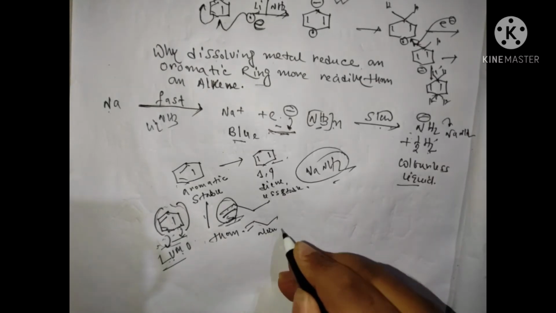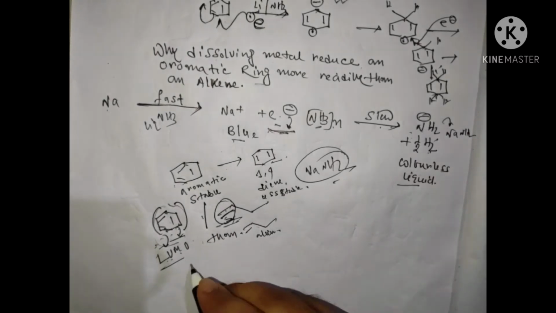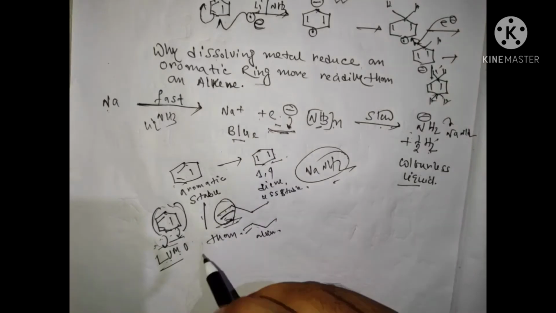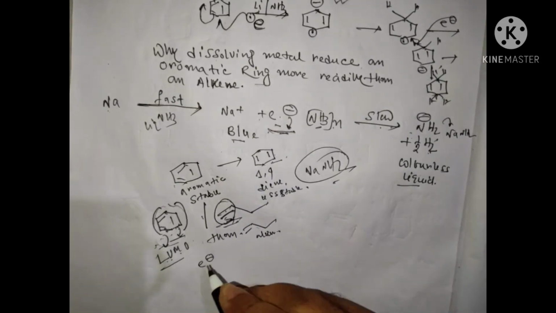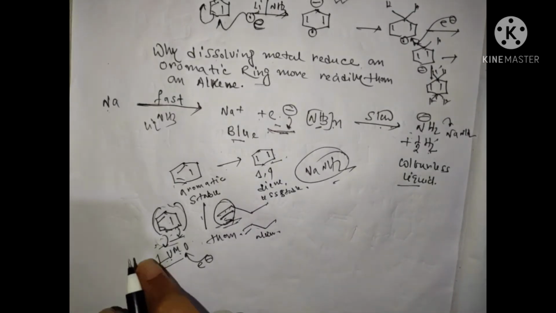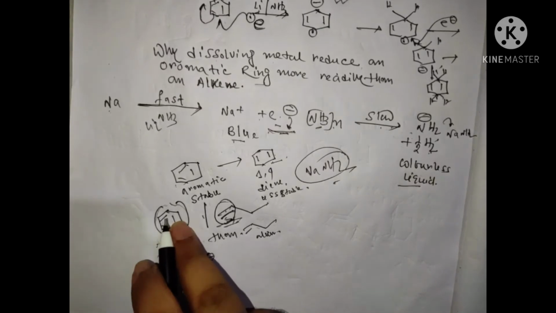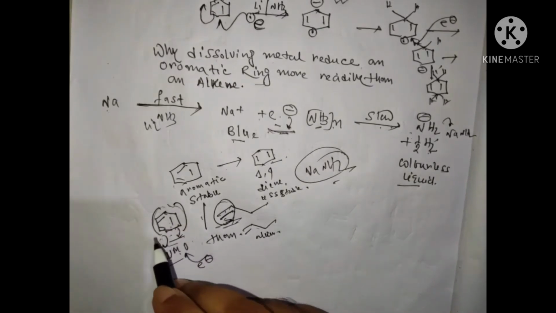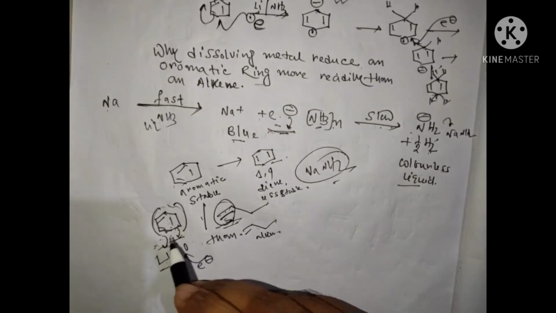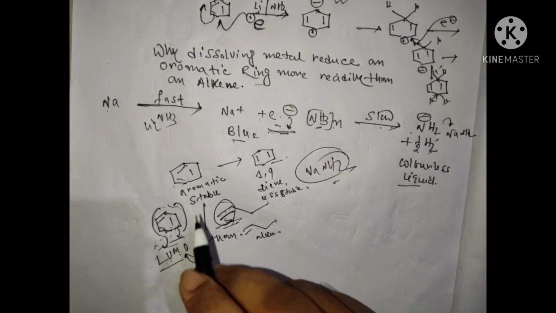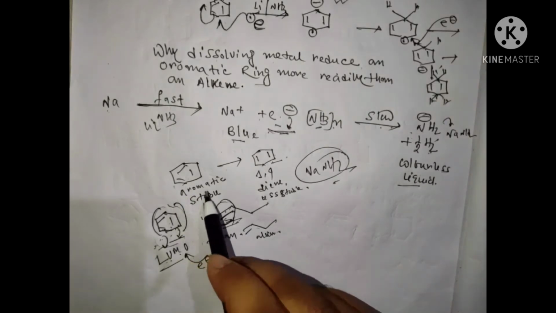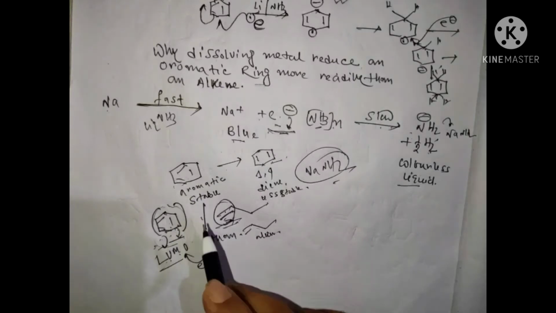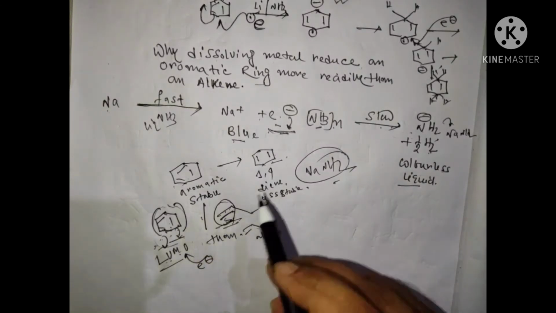So the transfer of an electron to the LUMO is more facile, because the energy of the LUMO of benzene is comparatively lower. That's why the reaction with the aromatic ring is more facile than with any alkene.